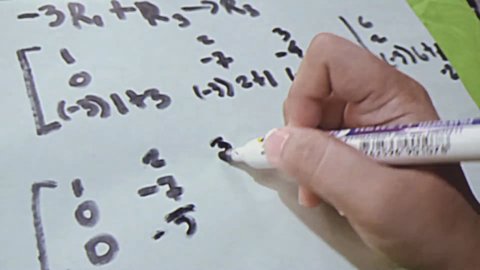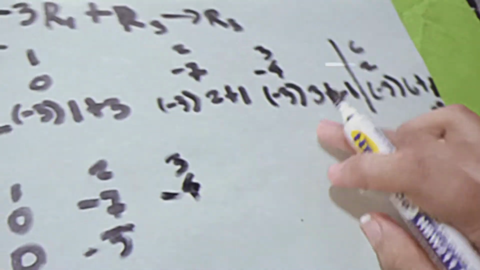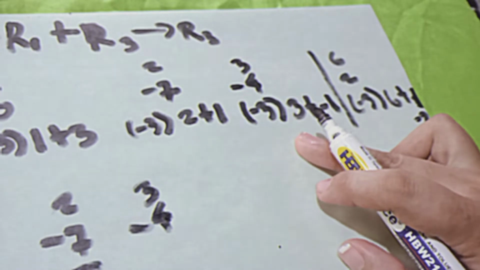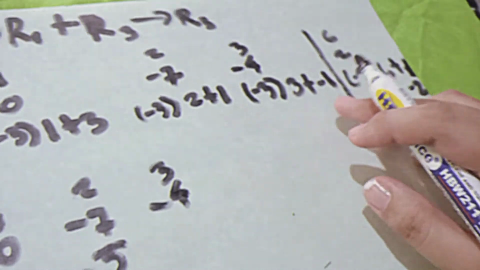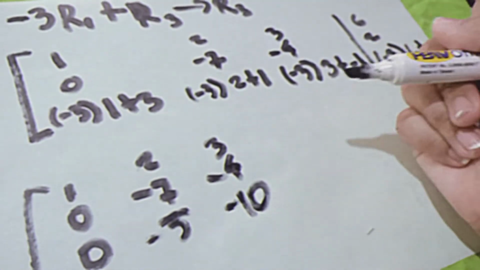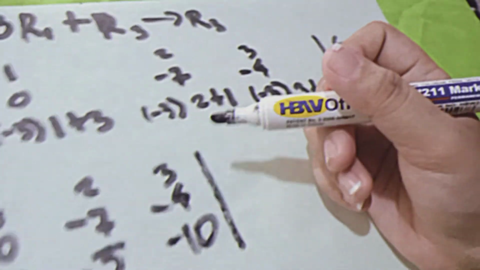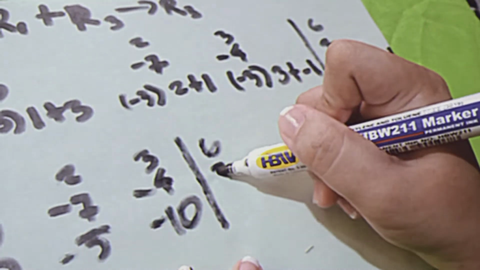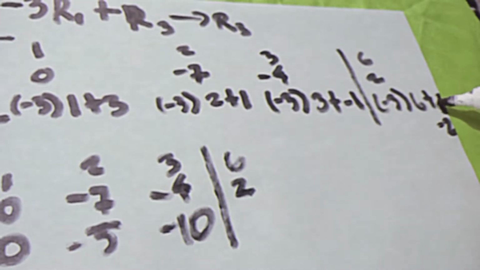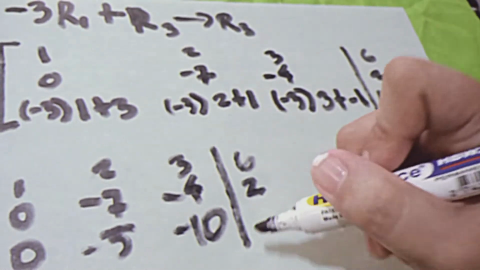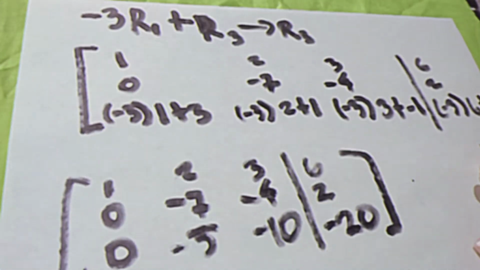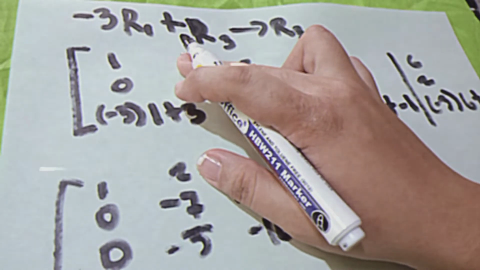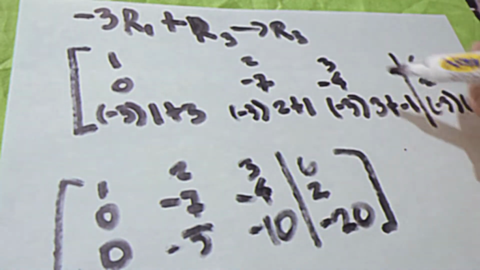Next, 4, negative 3 times 3 plus negative 1 is negative 10. Then 6 to negative 3 times 6 plus negative 2 is negative 20. That is our negative 3 row 1 plus row 3 to become the new row 3.